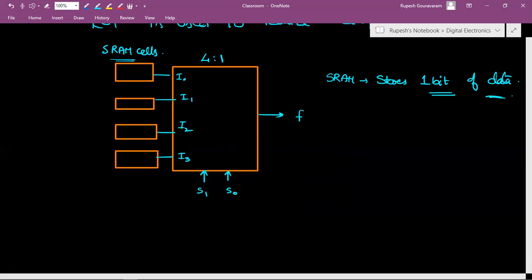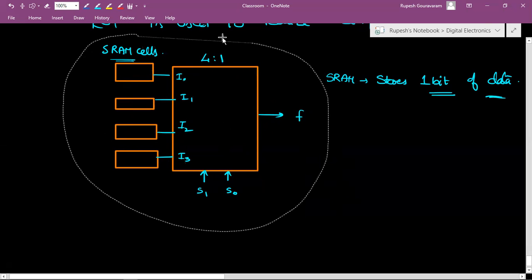So how is this SRAM cell combined with the MUX? It is used to construct an AND gate. Okay. Let us see.